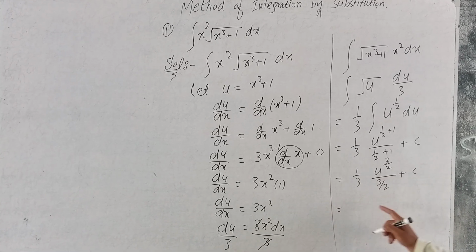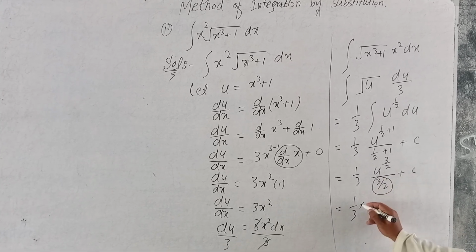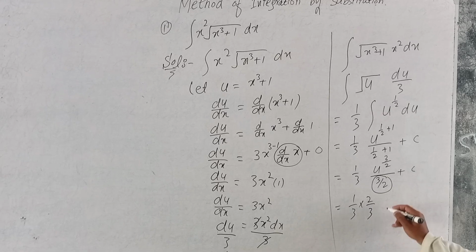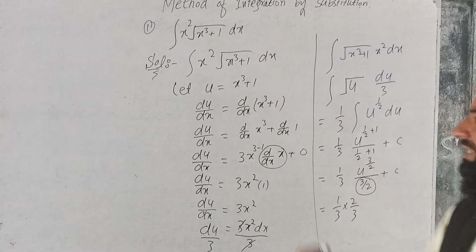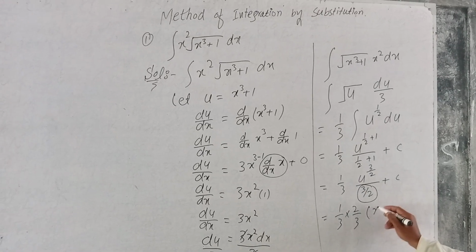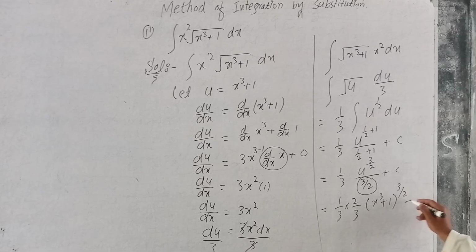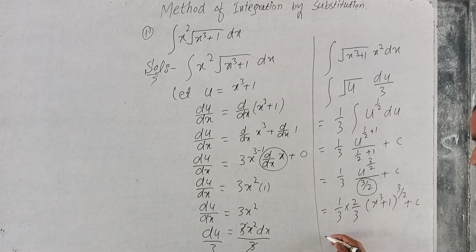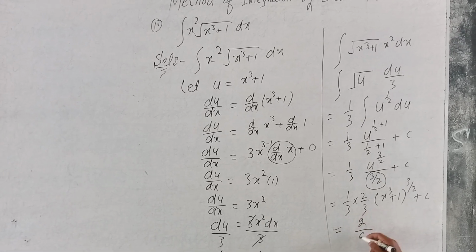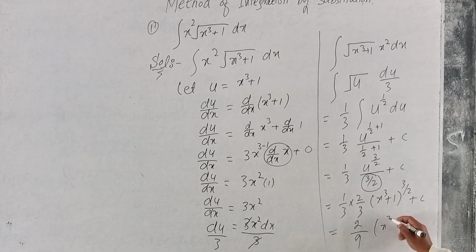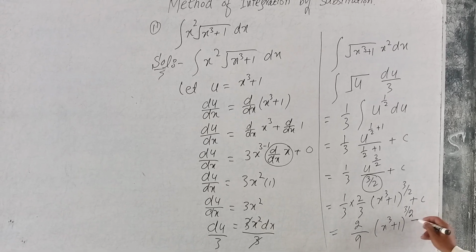So we can also write this as 1/3 multiplied by 2 by 3, and put the value of u equal to x cube plus 1: x cube plus 1 to the power 3 by 2 plus c. This implies 2 divided by 9 into x cube plus 1 to the power 3 by 2 plus c.